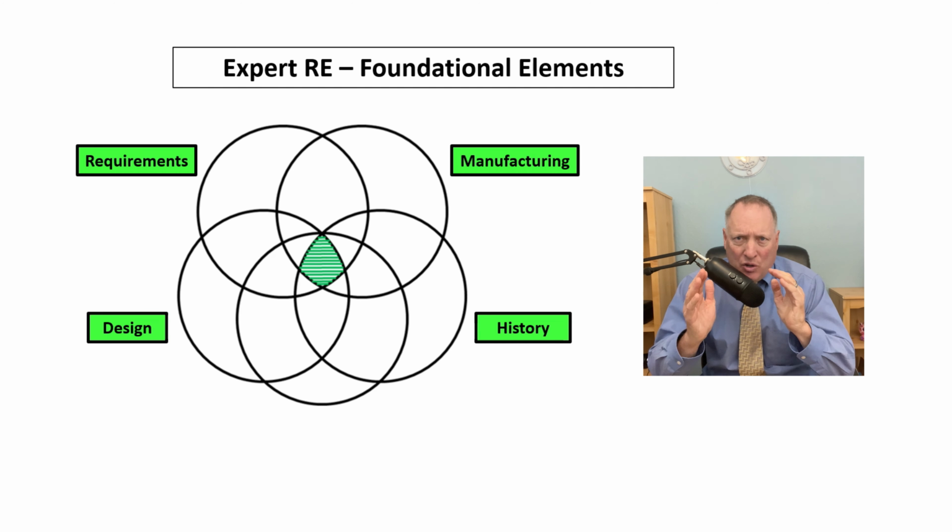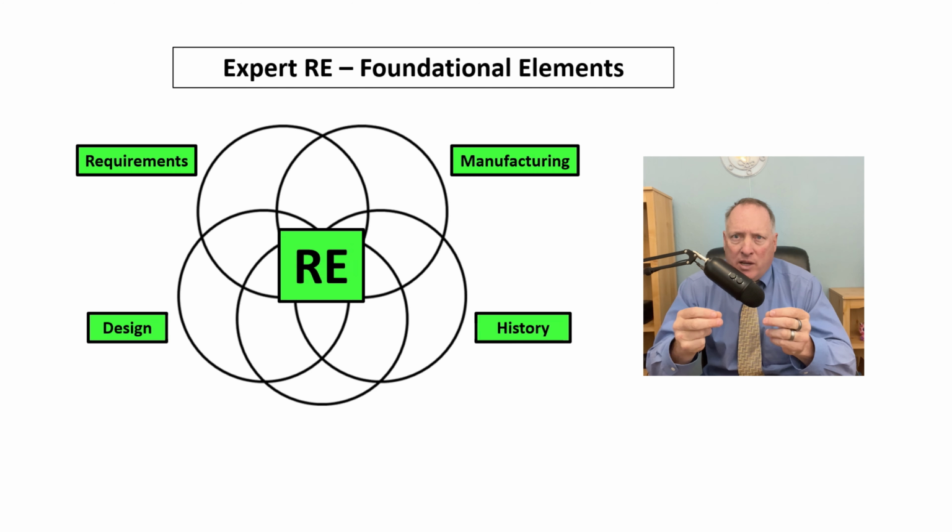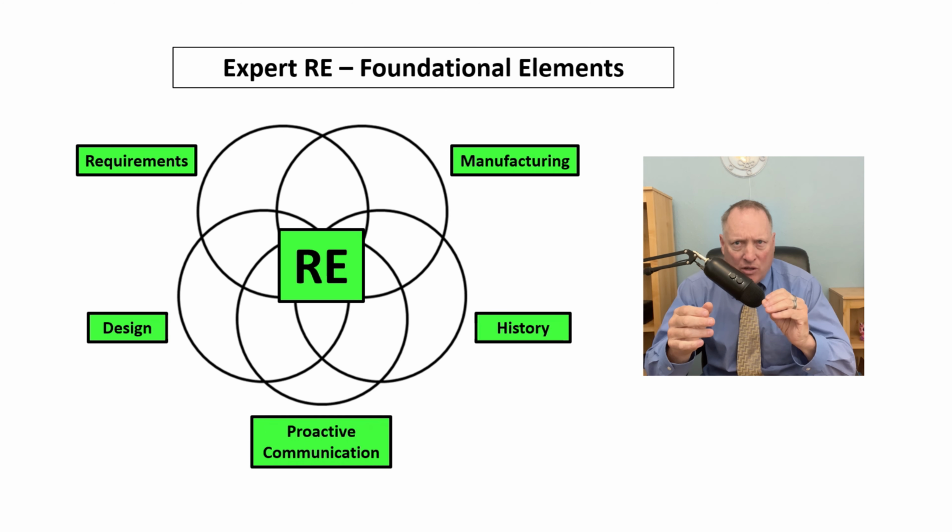Immediately and clearly, we recognize there is only one person who has or should have that knowledge. It is a properly trained RE, and that RE must have proactive communication with all stakeholders, vendors, and supply chain. Only with these skill sets and proper environment could a RE not only solve issues, but also prevent product issues.